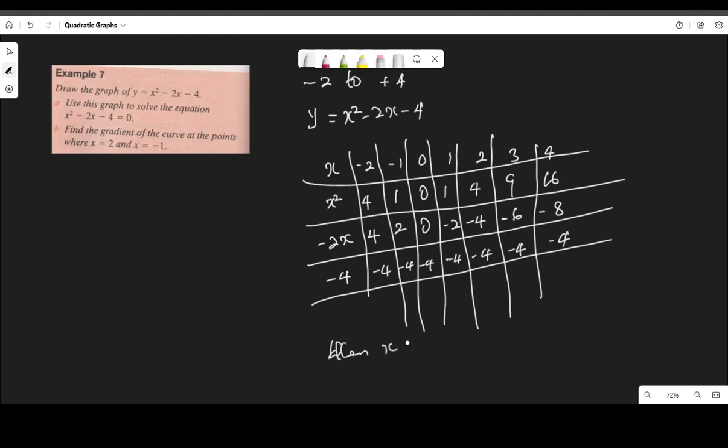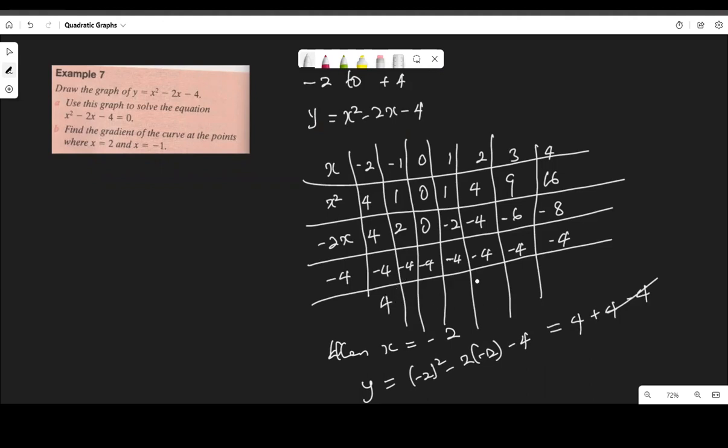When x is -2, y will be -2 squared minus 2 times -2 minus 4. -2 squared is 4. And negative times negative is positive, so +4. Then minus 4, so I have 4 right there.